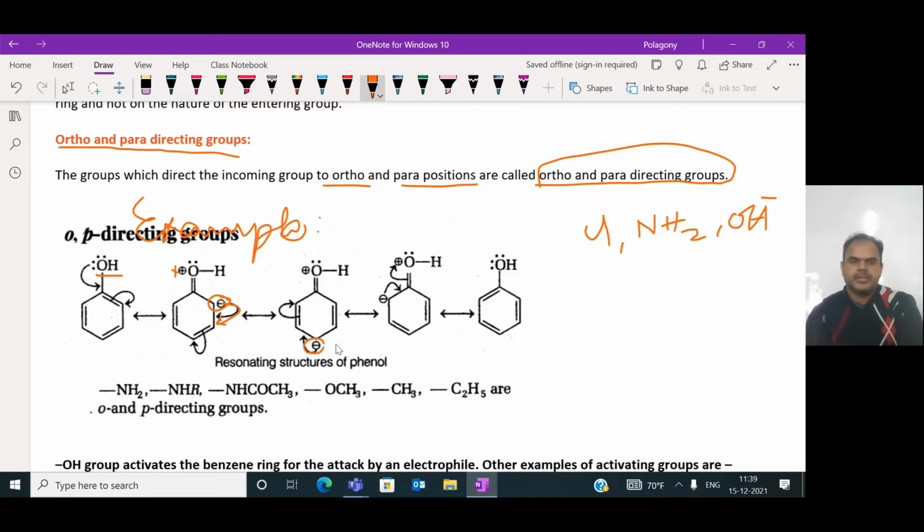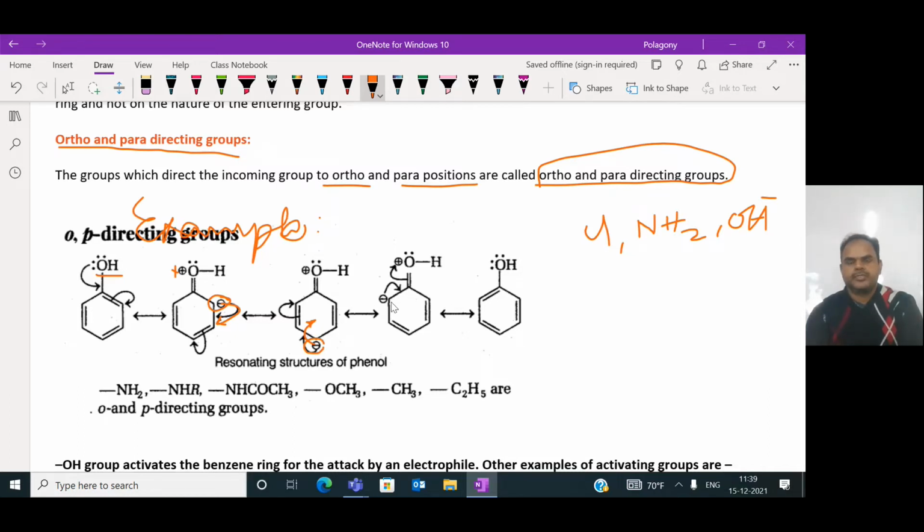In case the electrophile does not attack this fourth carbanion, the negative charge again goes inside the ring. The pi electrons again get repulsion, and the negative charge is localized on the next carbon as a carbanion.